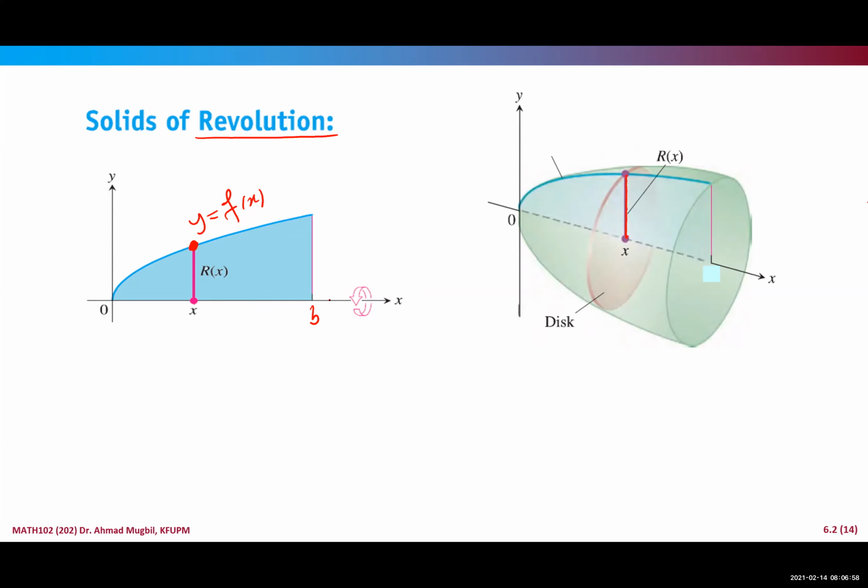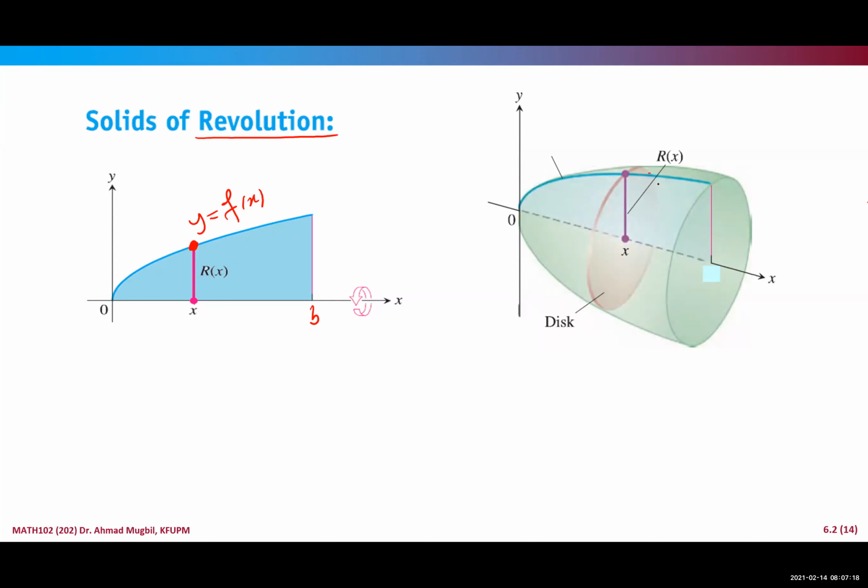What you can think about is the cross section here, which of course is perpendicular to the x-axis. What is the cross section in this case? Imagine that you cut it with a knife perpendicular to the x-axis.